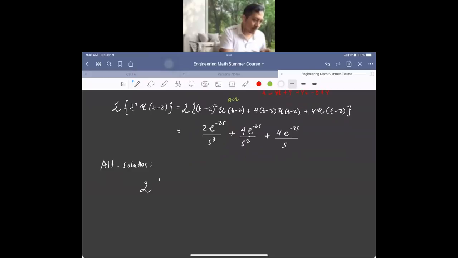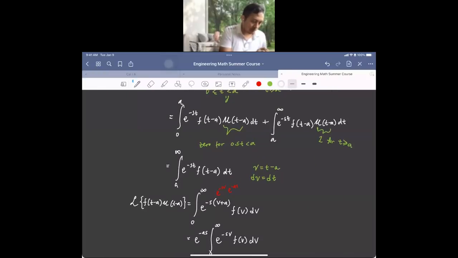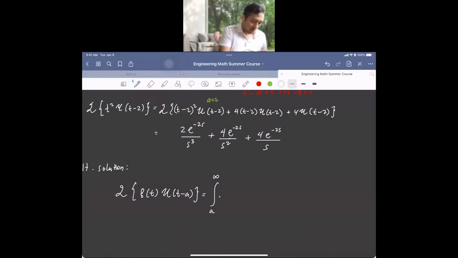Let's just write Laplace. Let's say we have g of t and then Heaviside t minus a. By using the same structure in the integral, we can take these integrations from a to infinity, from the same structure we have here. Let's just change this f of t minus a with our new function g. So e negative st g of t dt.